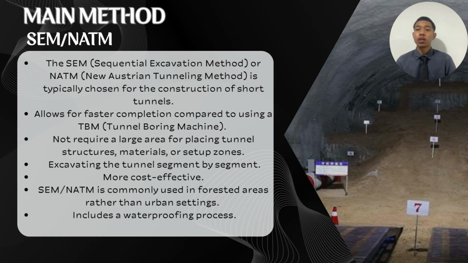It allows the tunnel to be excavated by segment, which means a smaller construction footprint and better adaptability to difficult soil conditions. This approach is ideal for forested or mountain areas like those along the ECRL alignment. One of the key advantages is that it also includes a waterproofing process, which is crucial in preventing water ingress and maintaining tunnel integrity over time.